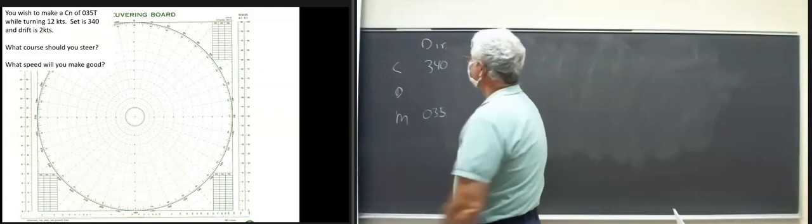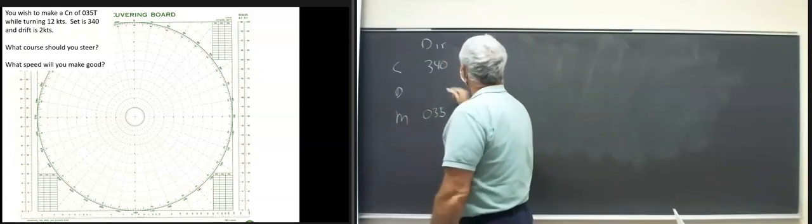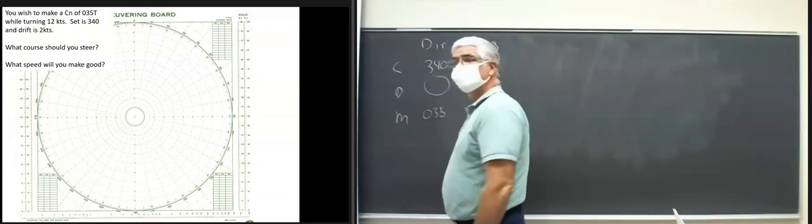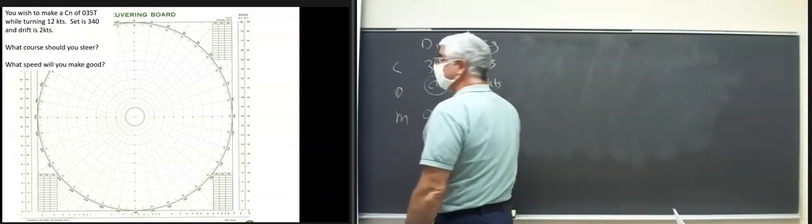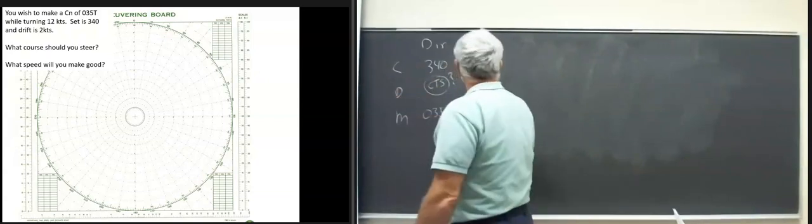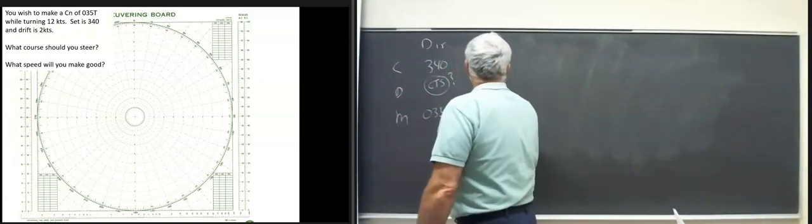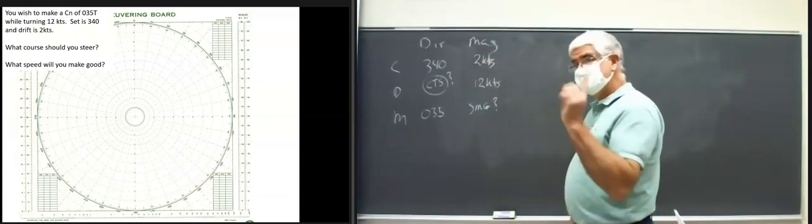Okay. So, what course should you steer? That's this. Course to steer. I don't know. Let's figure it out. Speed made good. I don't know. Let's figure it out. Okay, I'll just tell you something.